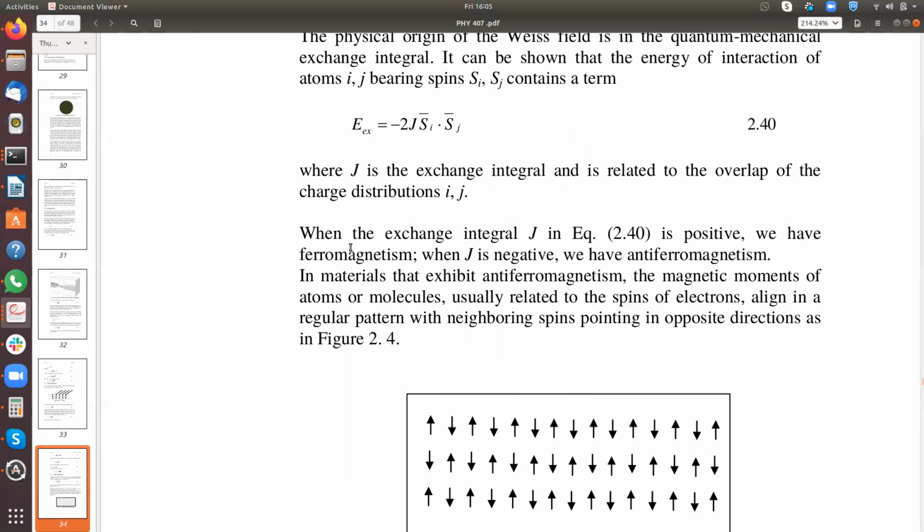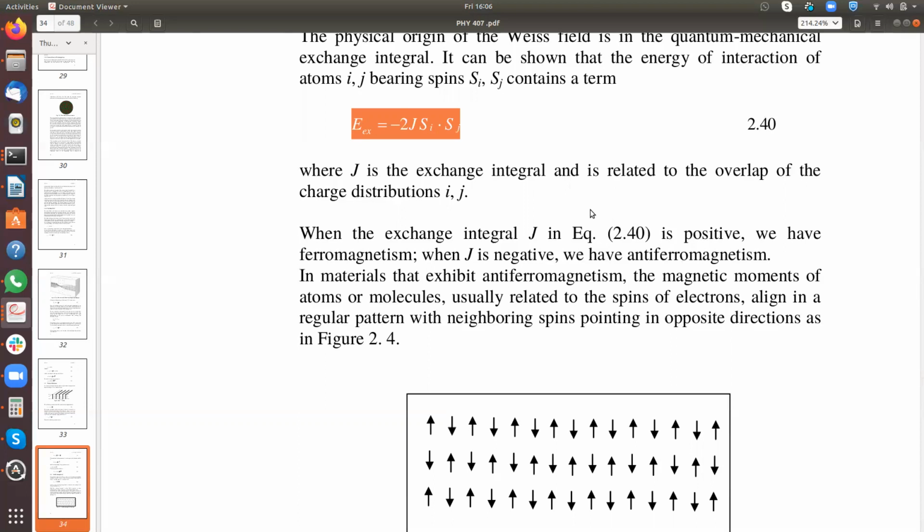This equation is used to describe properties of materials, in case you have a material and you don't know if it is antiferromagnetic or ferromagnetic in nature. If the exchange integral is positive, the material will give you a negative exchange energy. If it is negative, it will give you a positive exchange energy, and that implies an antiferromagnetic system.